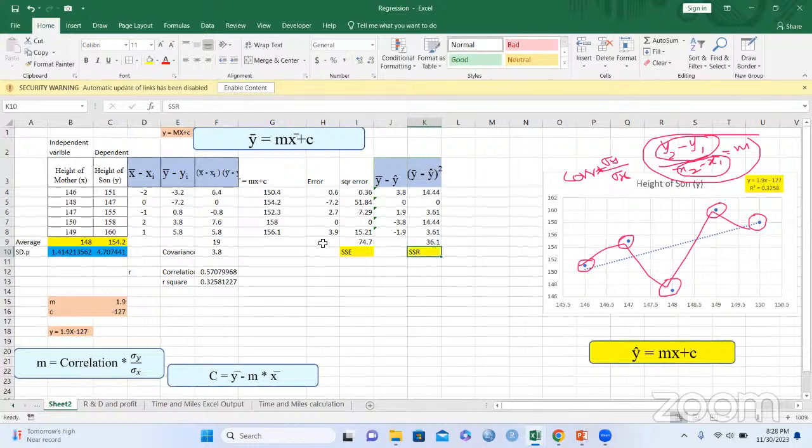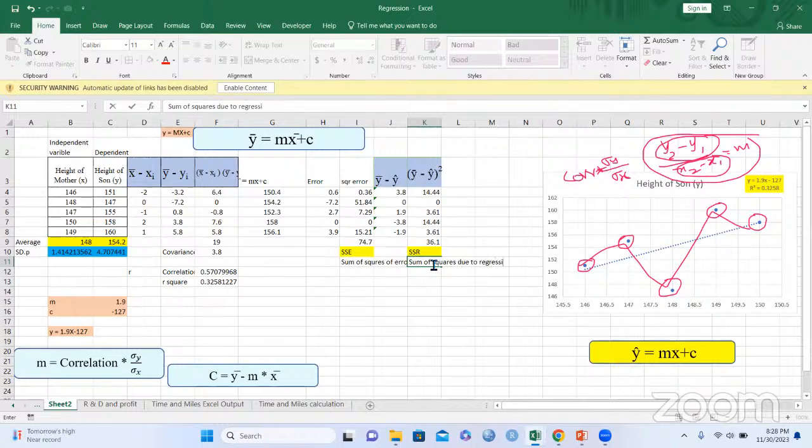So this is the sum of squares of error, and this SSR is the sum of squares due to regression, because I have got a regression line y cap or y hat, and I'm trying to find out its deviation from my mean value.